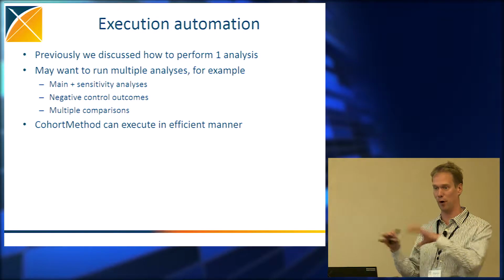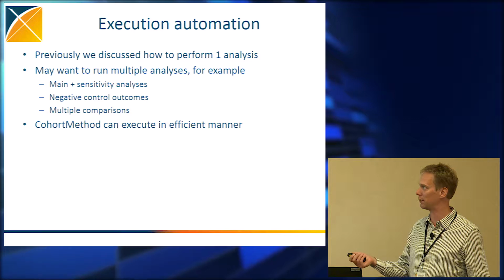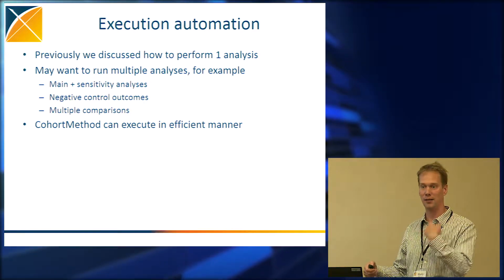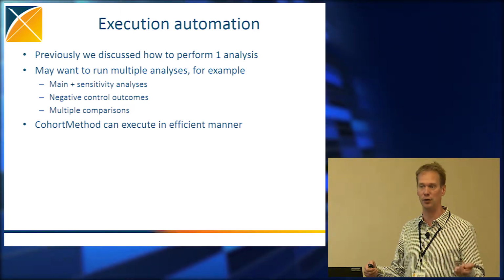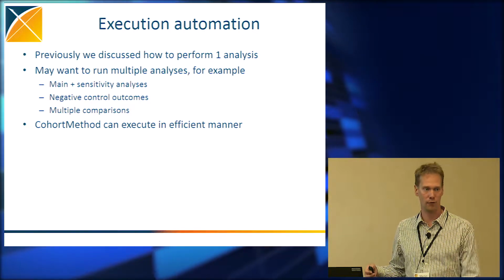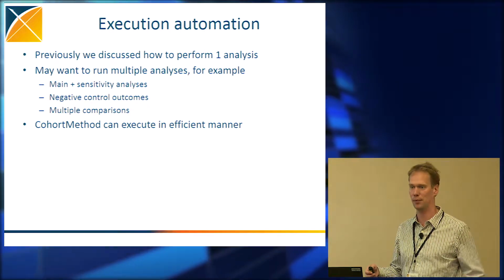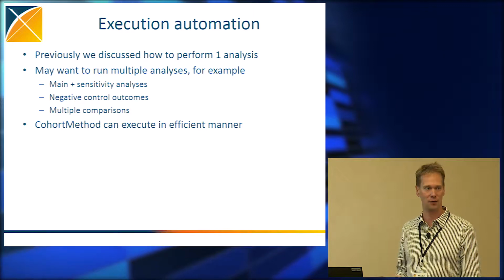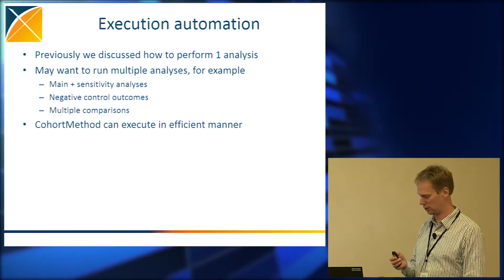So if you have multiple analyses, for example, with different outcomes, the package is intelligent enough to know that it can reuse the same propensity model for all of those. You actually save a lot of compute time, and you can have the package figure that out for you and not have to worry about it yourself.